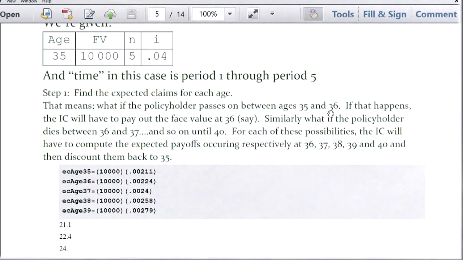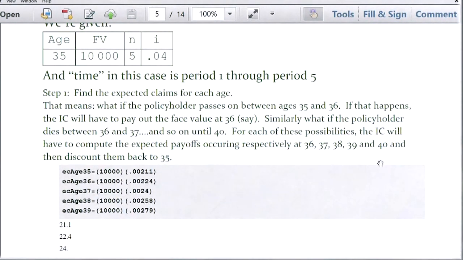Having said all that, as I've told you in another video, the first step is that we're going to have expected claims at each of the subsequent ages, so at 36, 37, 38, 39, and 40. The reason is that you cannot predict what's going to happen. So the insurance company has to calculate this on an annual basis, on a what-if basis.